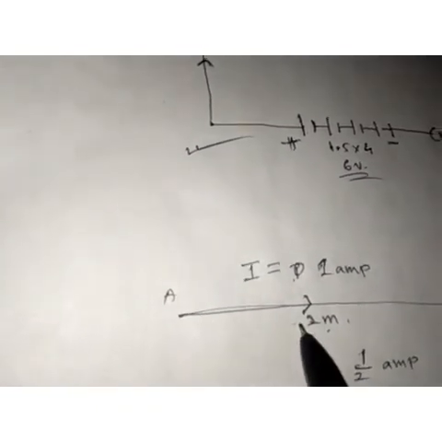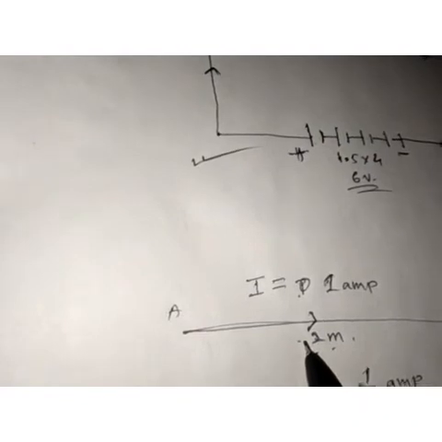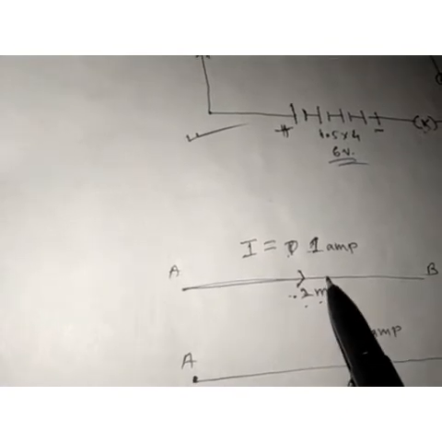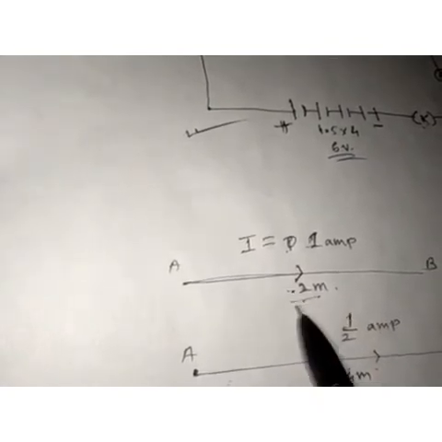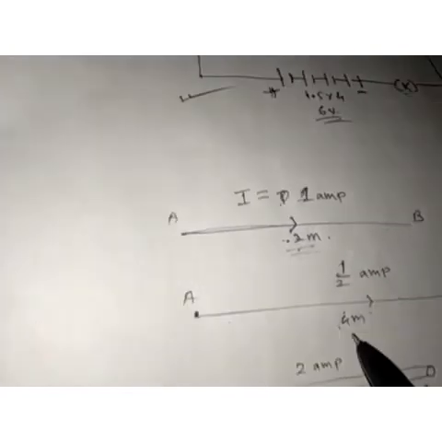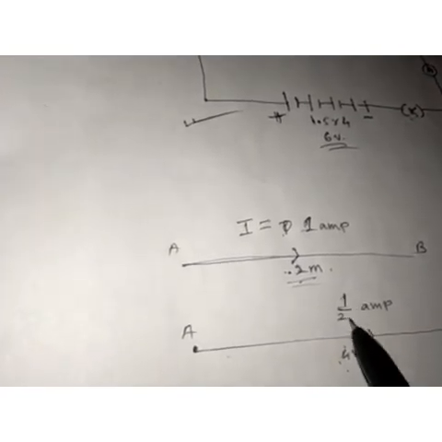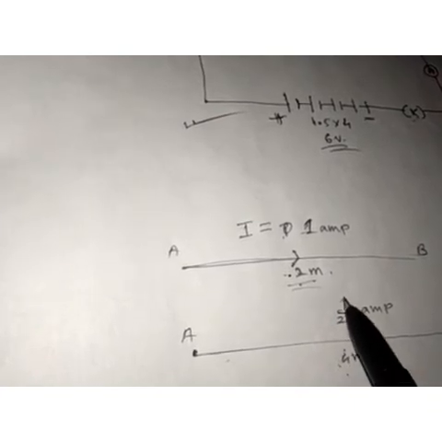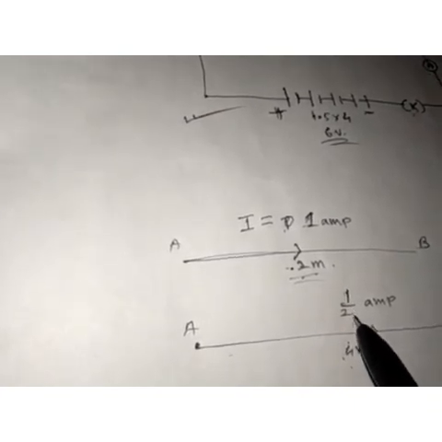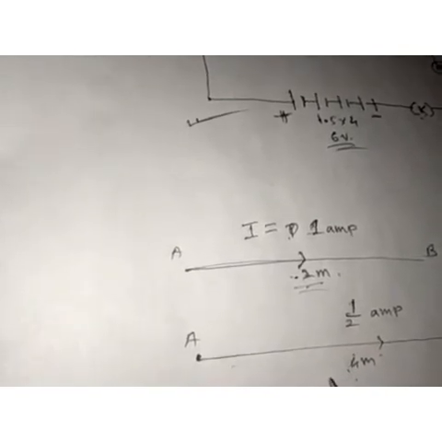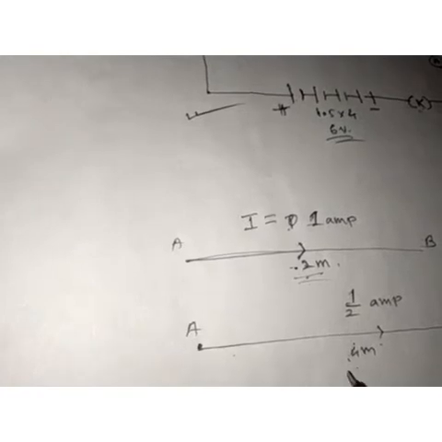Suppose first time it was 2 meter length, then 1 ampere of current passed. But when you make the length double, that means you extend to 4 meter, then how much current will flow through this conductor? 1/2 means half. That means current is decreased to 1/2 when the length of the wire is made double.